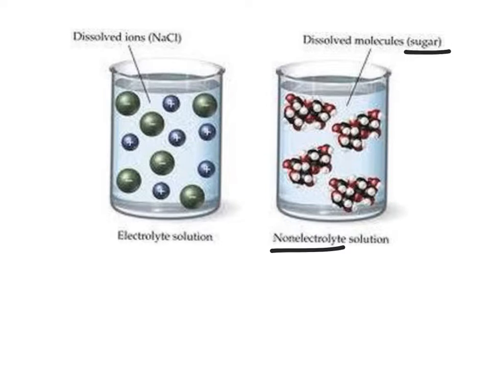In this example, we're looking at sugar molecules. Here we can see sugar molecules dissolved in solution, and they're staying completely whole. There's been no breaking apart into cations and anions. Over here, we're looking at an ionic compound solution again. This is our sodium chloride example.